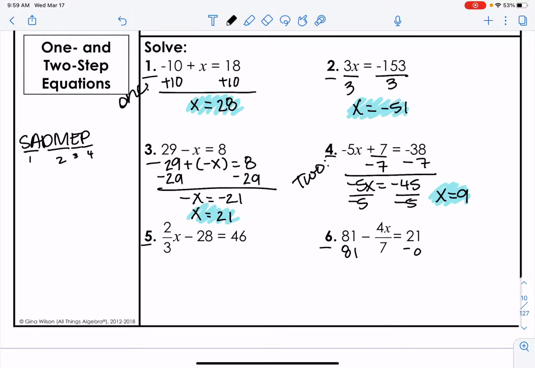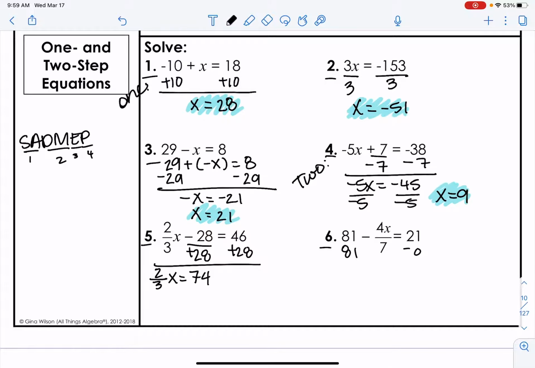Number 5, I'm going to undo addition or subtraction. So I see I'm subtracting by 28, and since I'm subtracting by 28, I'll add 28 to both sides, and so I've got 2/3 x equals 74.